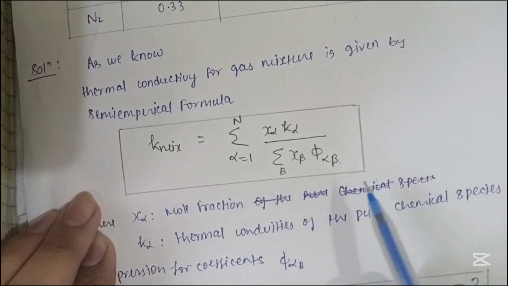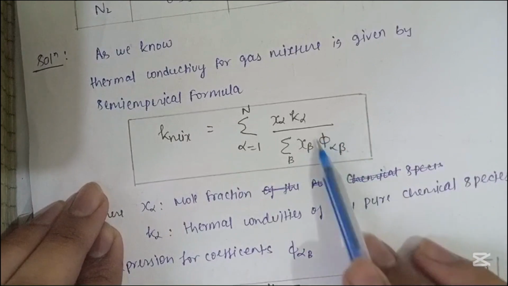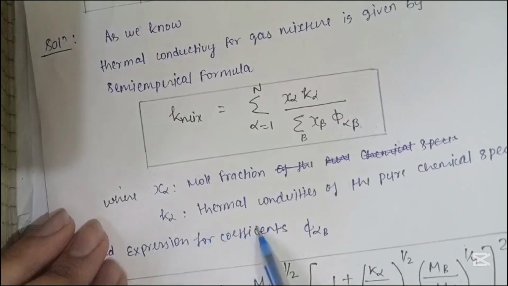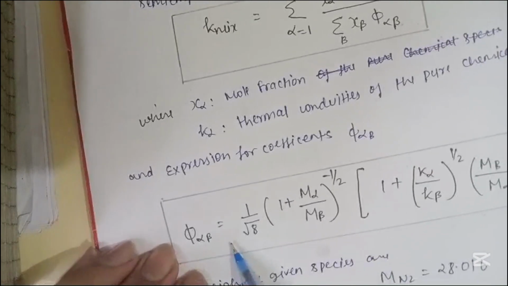And the new term phi alpha beta is the coefficient, and the expression for that coefficient is phi alpha beta.